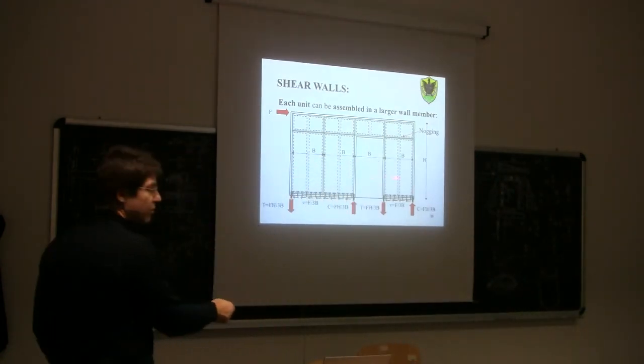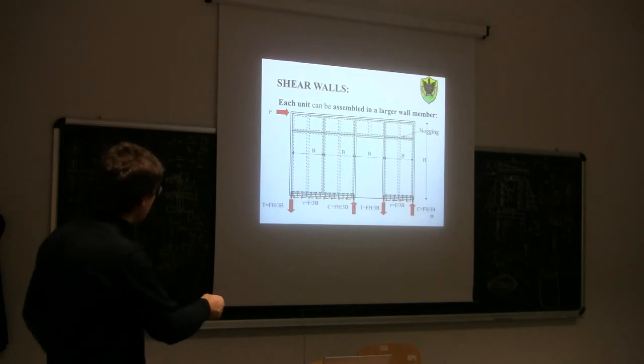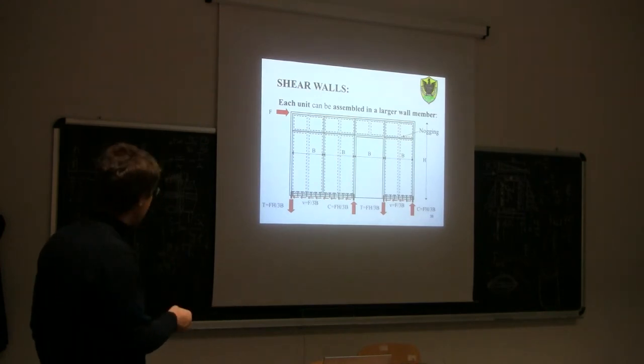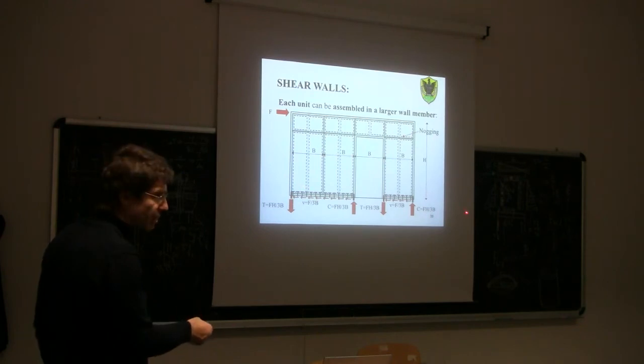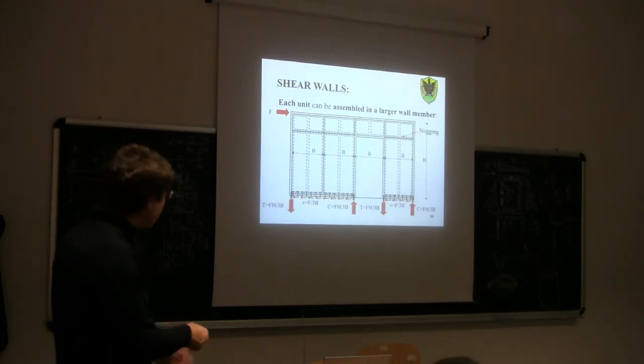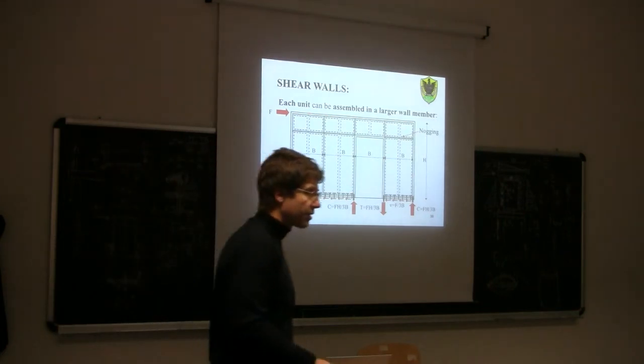So in the end, to solve a system like this, you always have to consider a cross section at the base of the wall to measure the total length, which is 3B, and then by dividing F by 3B, you get the shear force per unit length, and by dividing the bending moment, which is F times H, by 3B, again you get the vertical axial force.